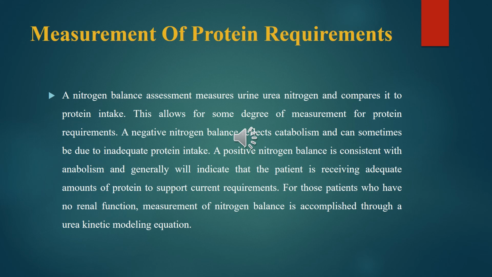When the nitrogen losses are not measured, we use the protein calories ratio, but if the nitrogen losses are measured, then the protein requirement is based on the urinary losses.